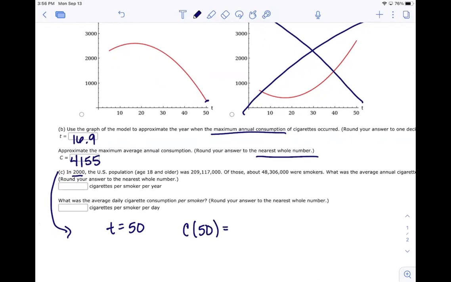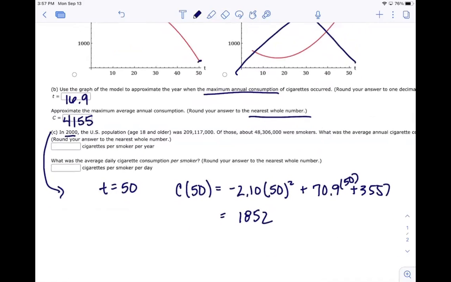You plug 50 in for your t, and we looked at this on the graph a second ago. If you plug that in the calculator, and I missed a t here, that should be 50 also, you should get 1852.